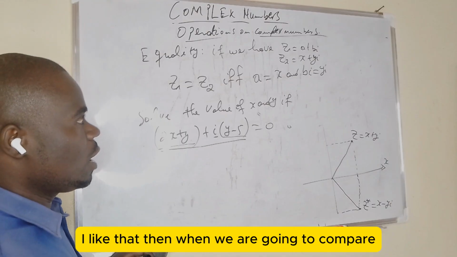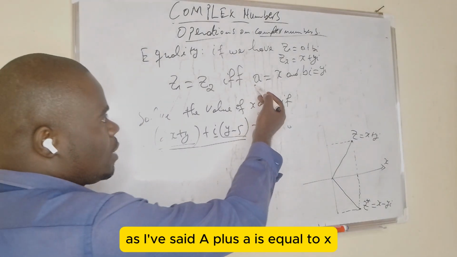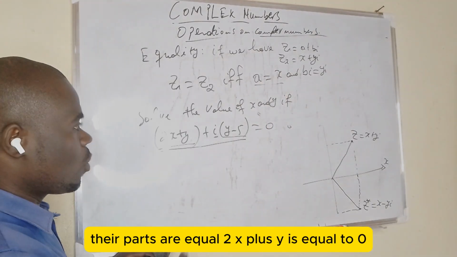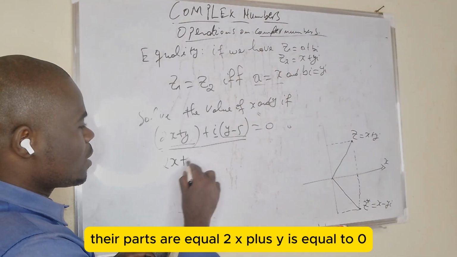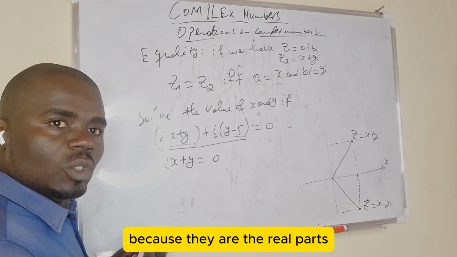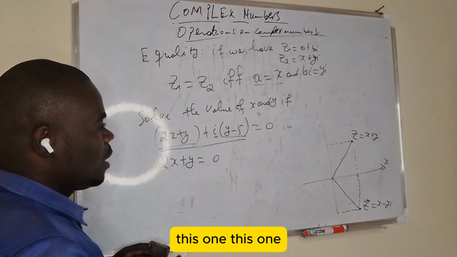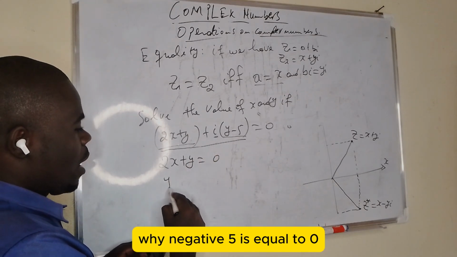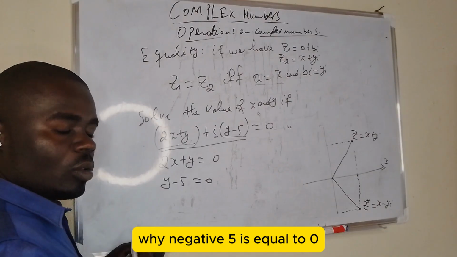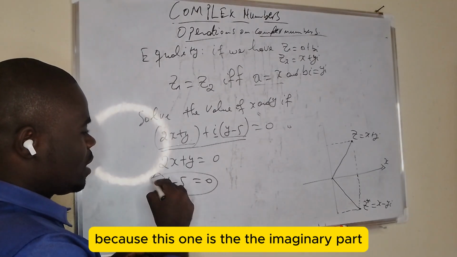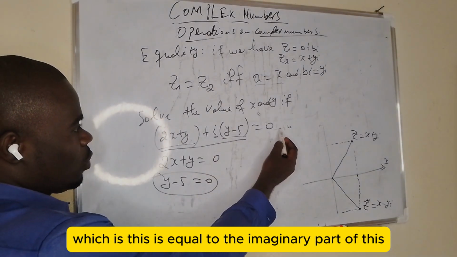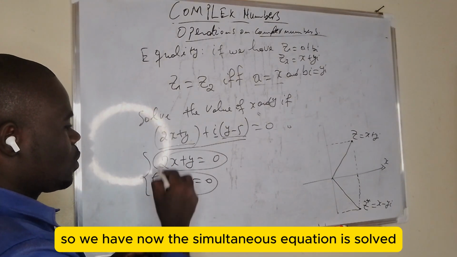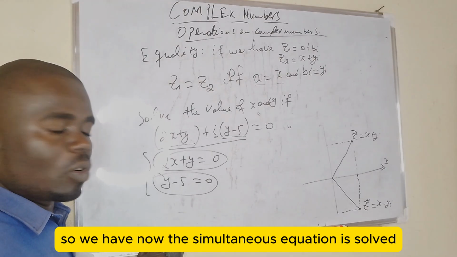Then when we compare, as I have said, the real parts are equal: 2x plus y is equal to 0. And y minus 5 is equal to 0, because the imaginary part of this is equal to the imaginary part of the other side. So we now have a simultaneous equation to solve.